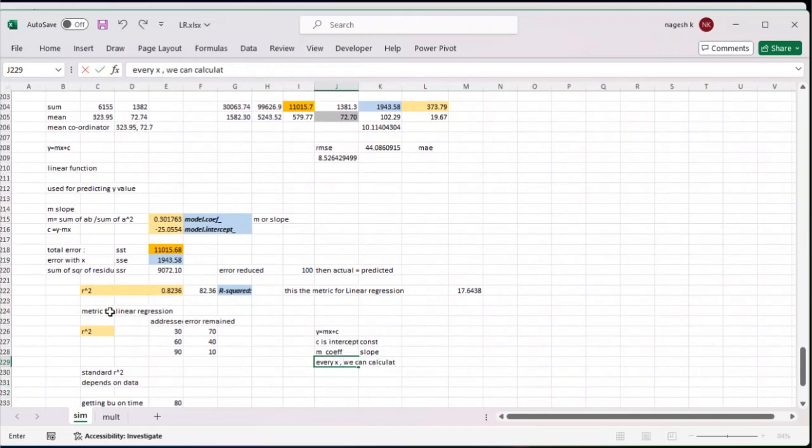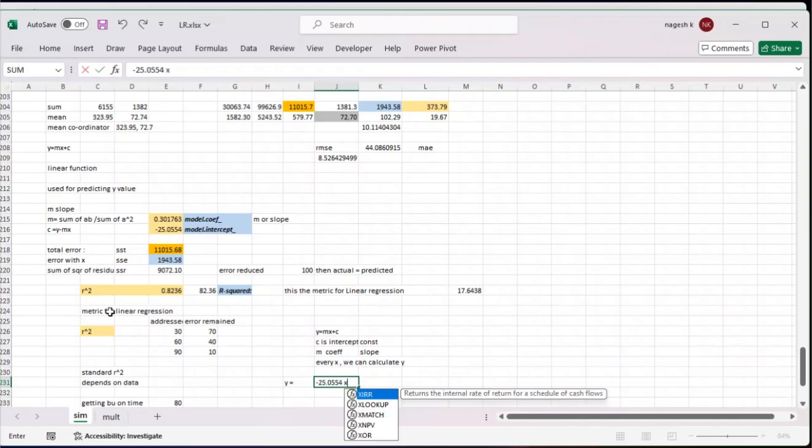If we take this one, for every x we can calculate y, right? Let us take y equal to, what is m here? M is minus 25.05554. This is m. And what is x here?